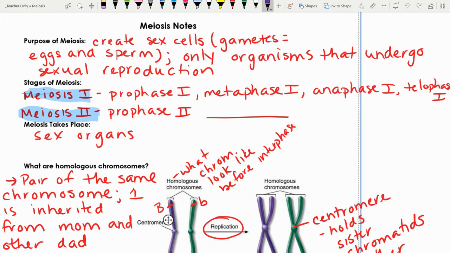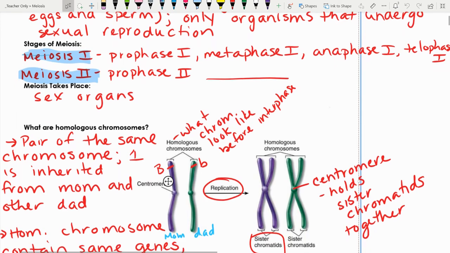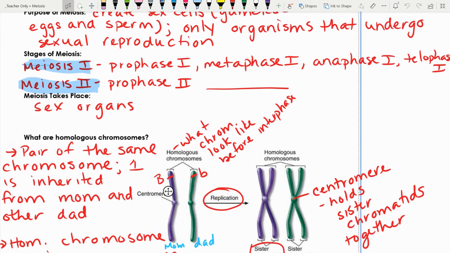One is inherited from mom, and the other is inherited from dad. In the picture here, we have this purple one and this green one. This is considered a homologous pair. One came from mom, one came from dad.